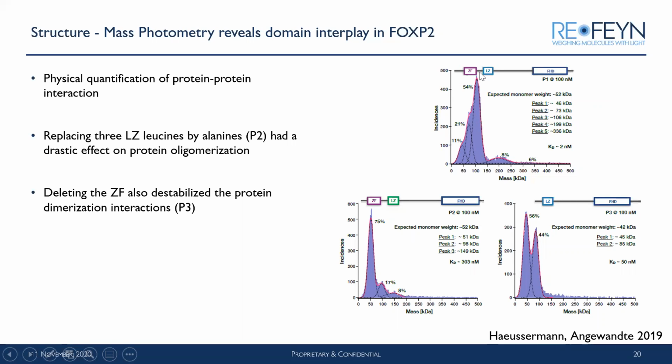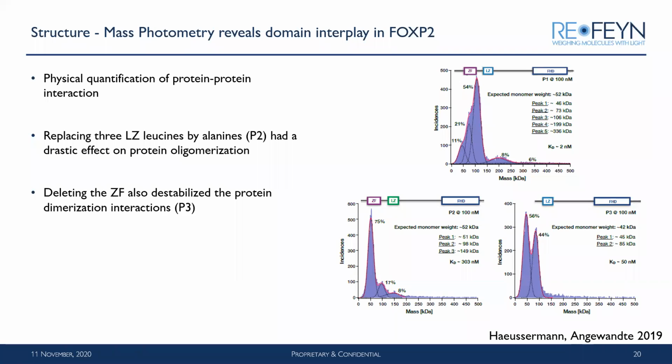And what if you just replace 3 leucines by alanines, here in FOXP2, you see that there is a drastic effect in protein oligomerization, and most of the proteins are actually in their monomeric state.